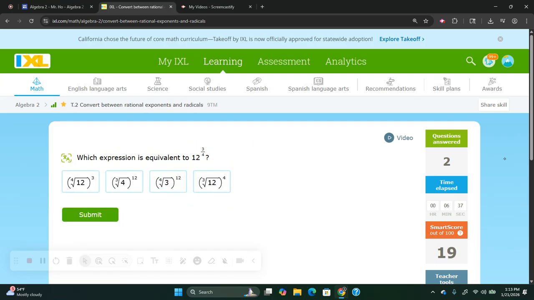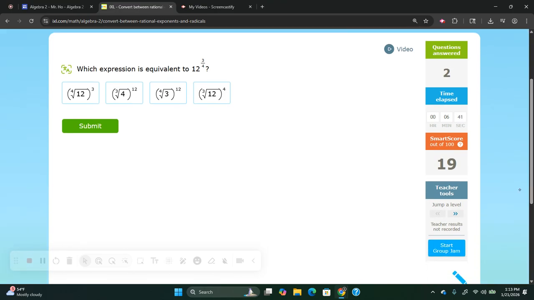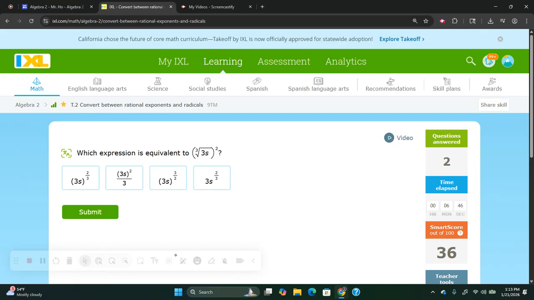So let's go to the next level. Here we go, next level. So we have radical form. You can see over here, this is the cube root, and this is power 2 right here. So I rewrite 3 as a power; the root index 3 should be the denominator.